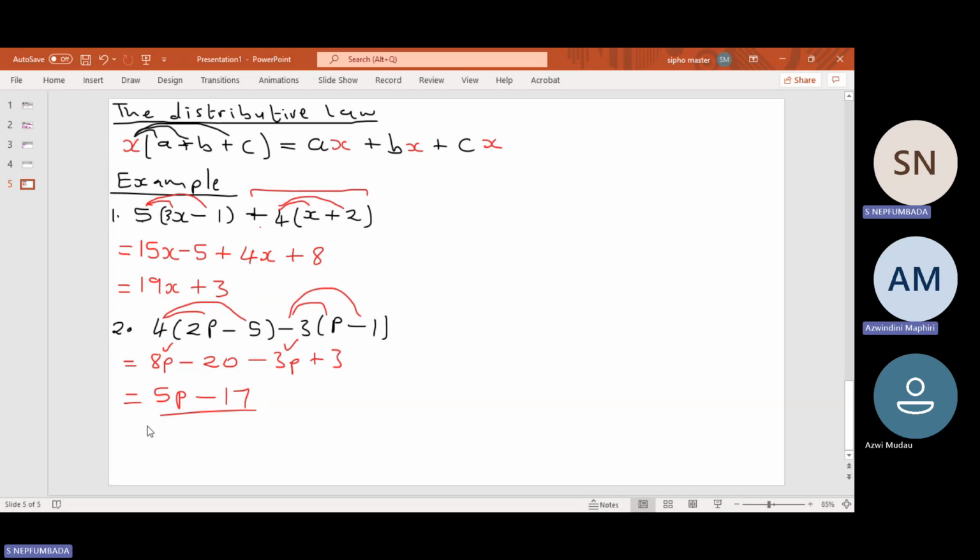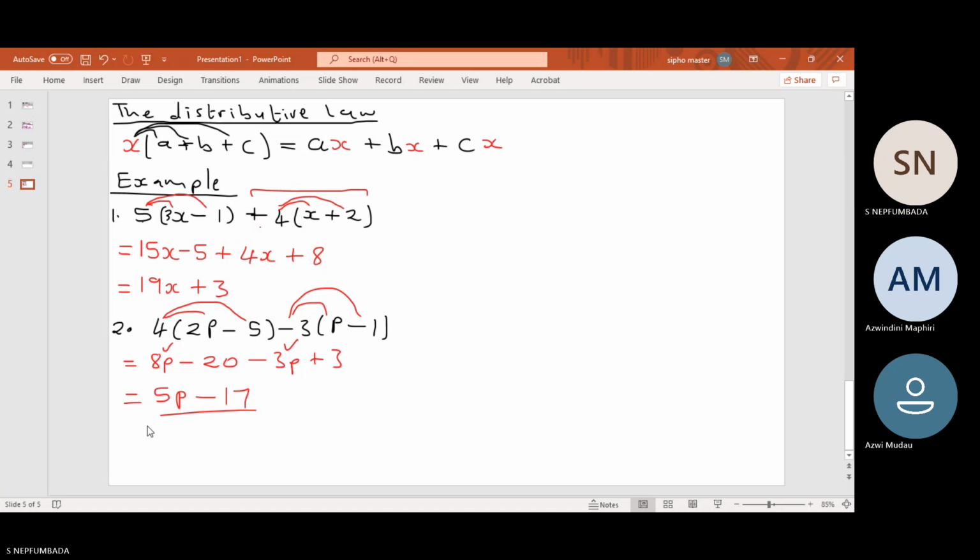Yes, I can see the hand. You can ask. Why do we remove the brackets after we multiplied?